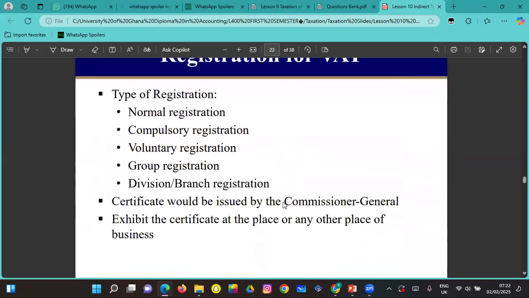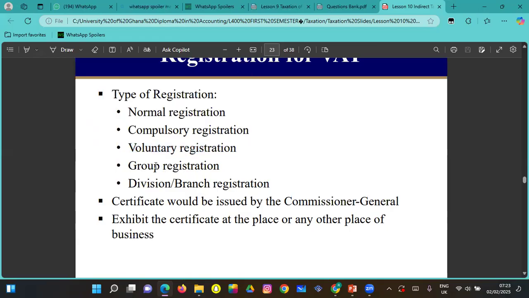So types of registration, you have the normal registration where you go and register, compulsory registration where the GRA, the domestic division of GRA, thinks that you are making enough sales to make it compulsory for you to get the registration done. And then you can go voluntarily to register it.